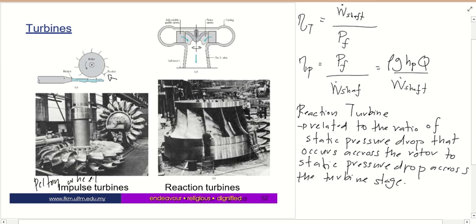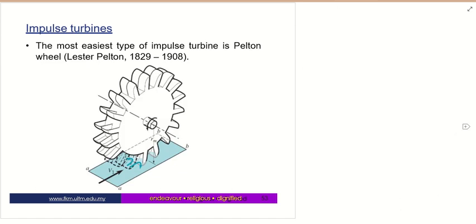The flowing fluid exits the bucket and produces torque for the rotor. This is the easiest type of impulse turbine, known as the Pelton wheel turbine.